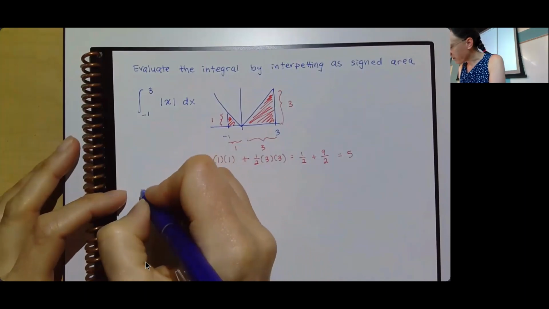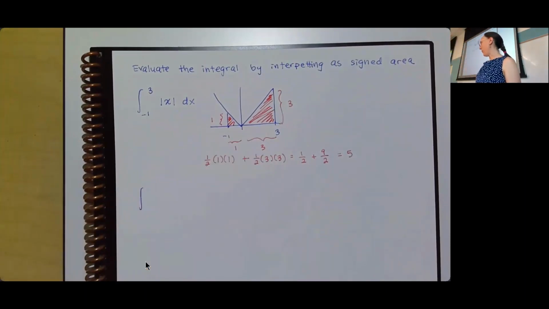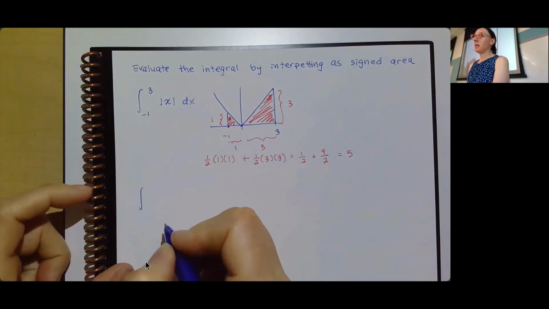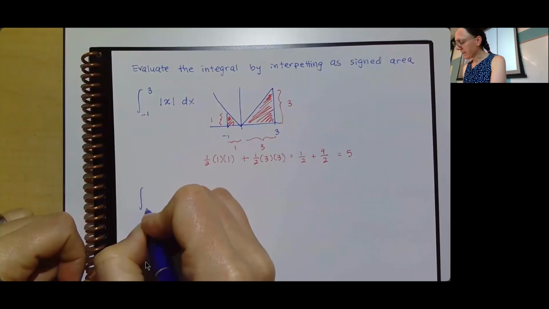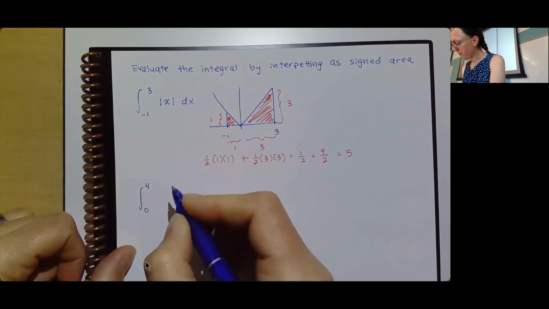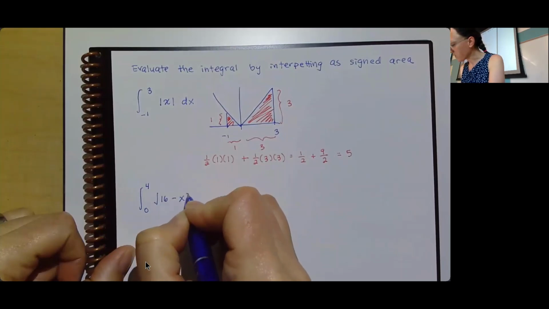Let me give us another common one that shows up. Let's go 0 to 4, the square root of 16 minus x squared.